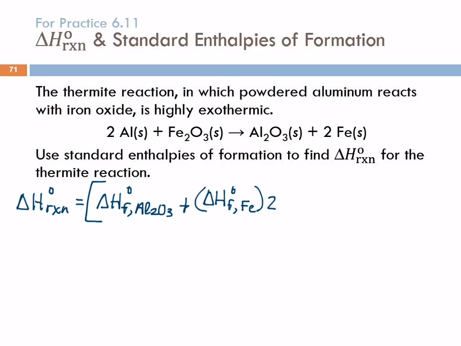So that's the products, and then we subtract for the reactants. So we've got 2 aluminums, so 2 times the heat of formation for aluminum. And we've got 1 Fe2O3. Does that make sense?